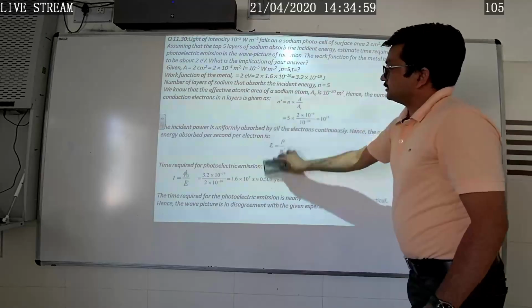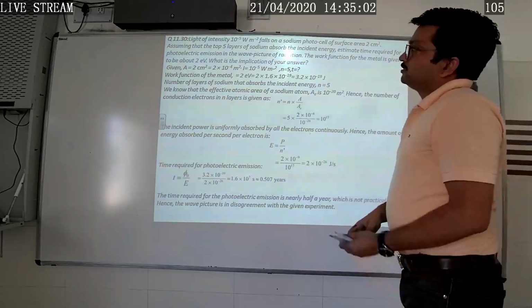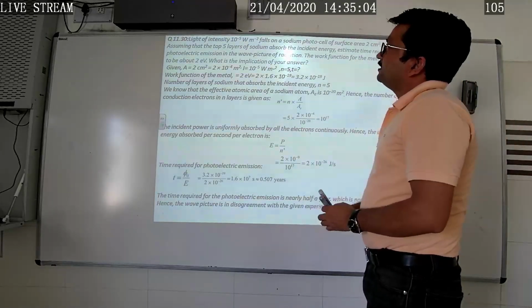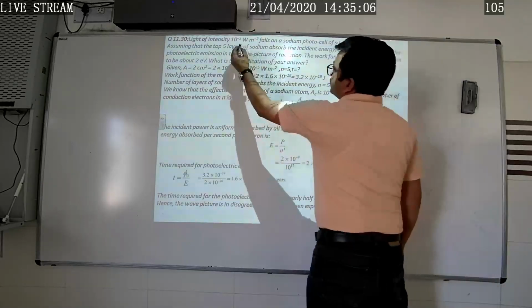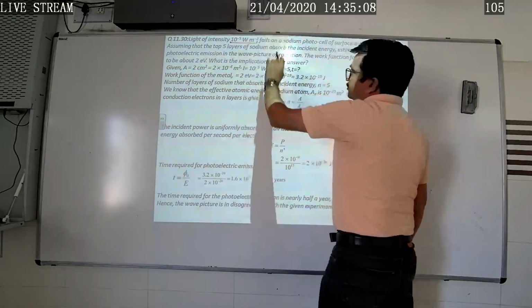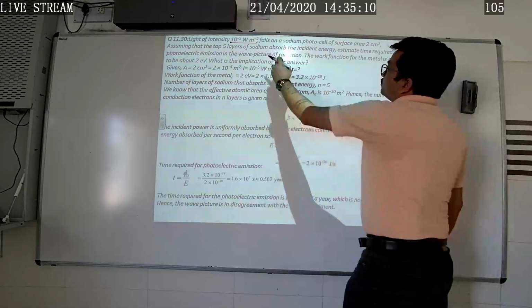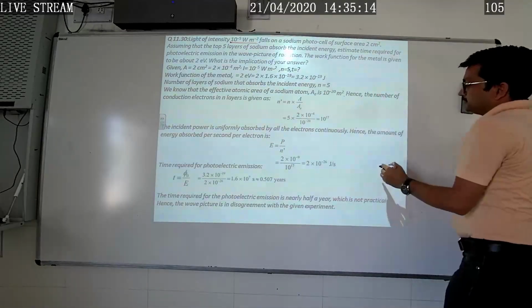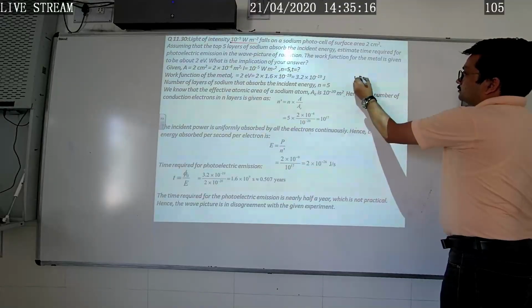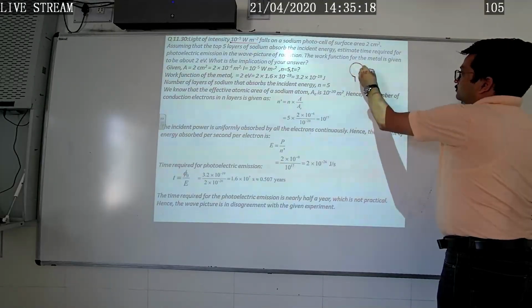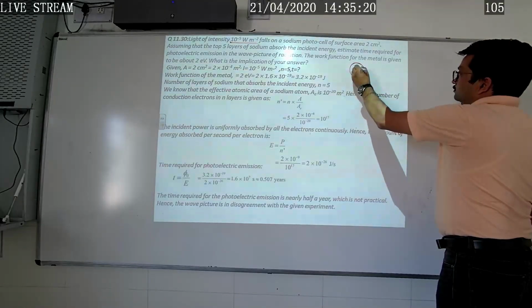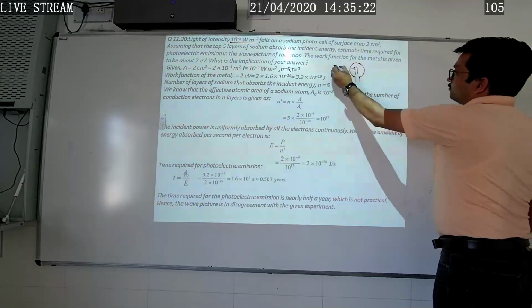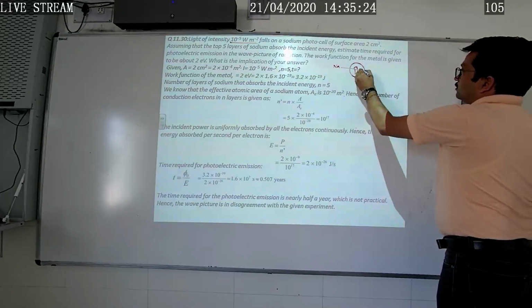So here in this case, the question is: light having the intensity 10⁻⁵ watt per meter square falls on a sodium photocell. Suppose this is our sodium photocell. This is sodium, okay?